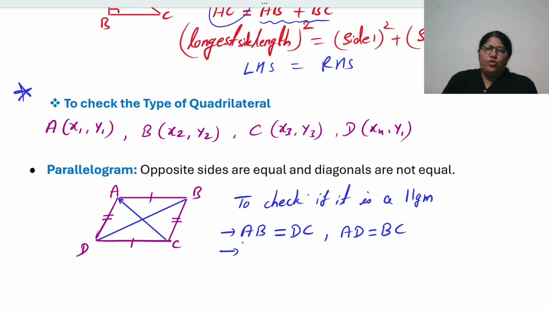So I have to prove all these things: first find AB, BC, CD, AD, and then the diagonal lengths AC and BD, and show that AC is not equal to BD. This is for a parallelogram.